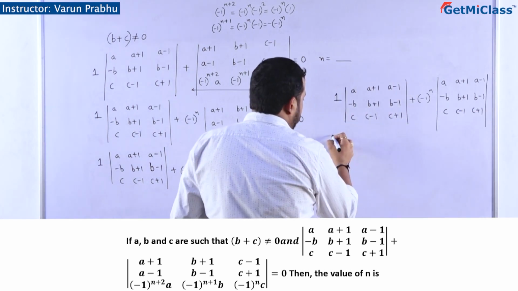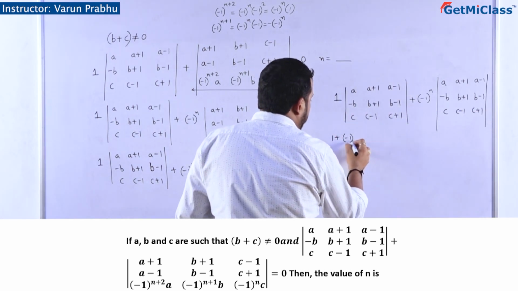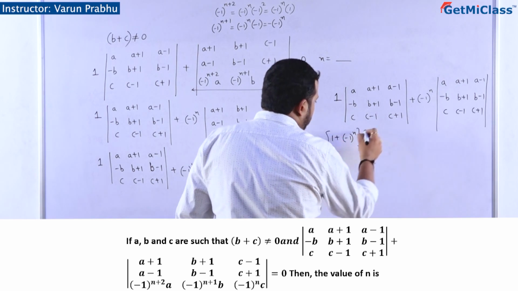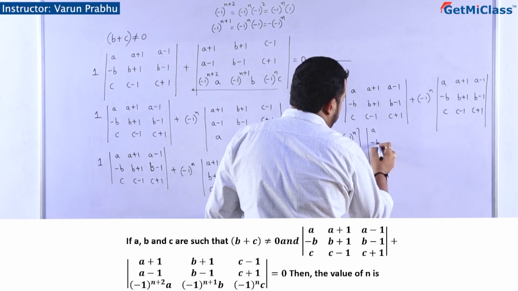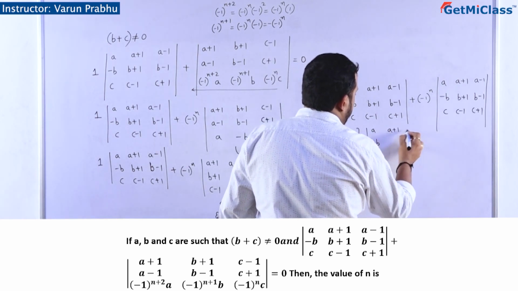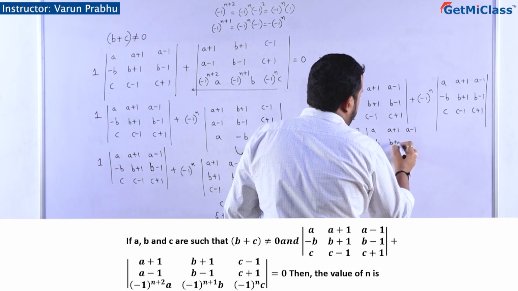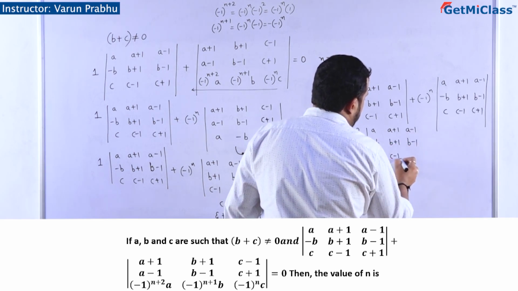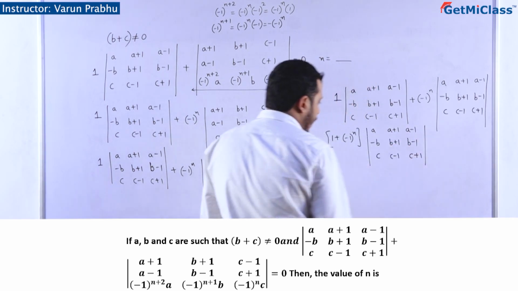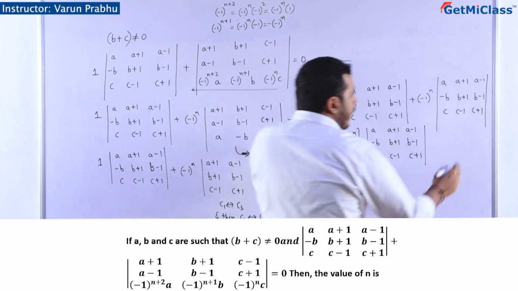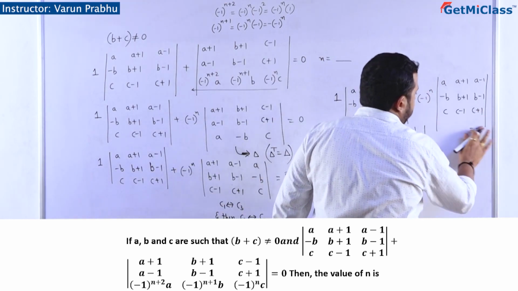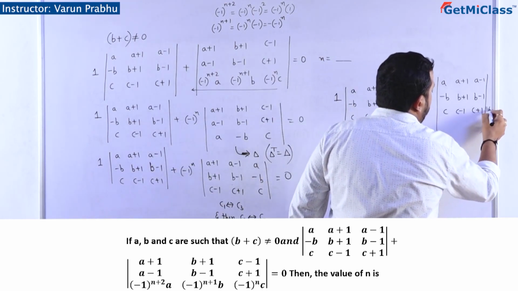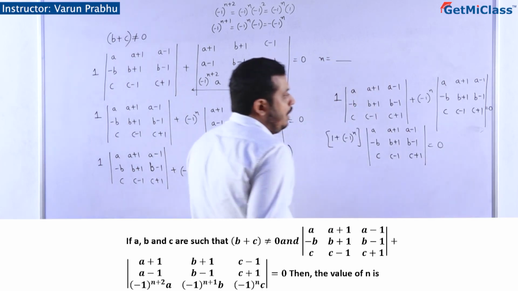Is it okay? So 1 plus minus 1 to the power n, you take out this determinant common, a minus b c, a plus 1, a minus 1, b plus 1, b minus 1, c minus 1, c plus 1. Is it okay? Now this value should become equal to 0 it seems.